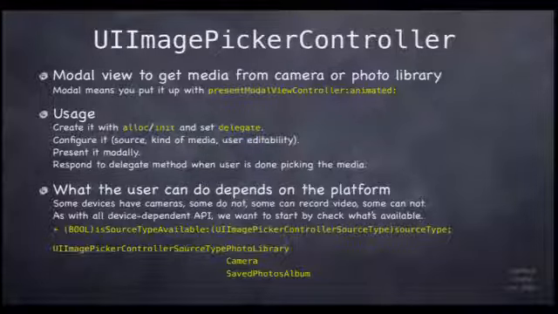There's three options here. One is the photo library, which is the user's synced library of images and video. The camera, which is obvious, and some devices actually have two cameras, and I'll talk about that in a second. And then there's the saved photo album, which is kind of a halfway house between applications and the user's photo library.